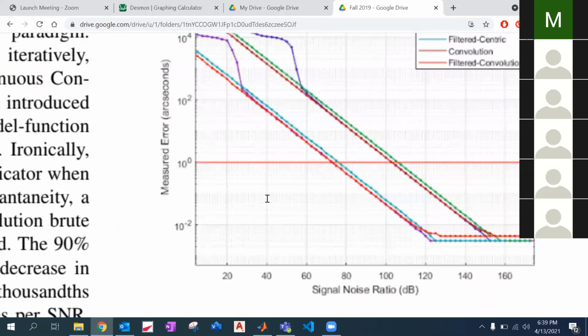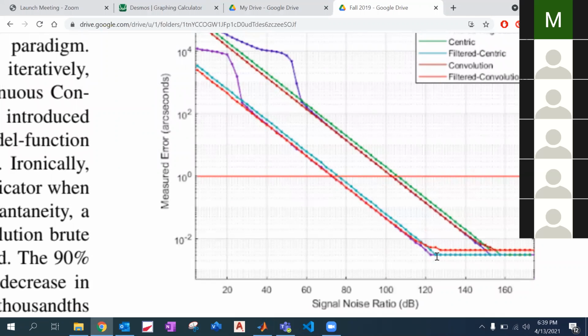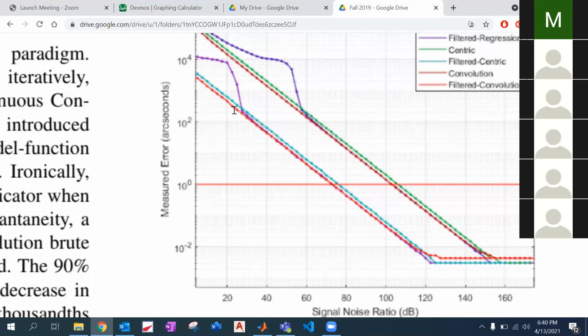As you can see, centric and regression actually perform the best at very high signal to noise ratio. But prior to the limit, which we'll call the floor, convolution is neck and neck with centric, and convolution is neck and neck with regression, while centric is lagging a bit.